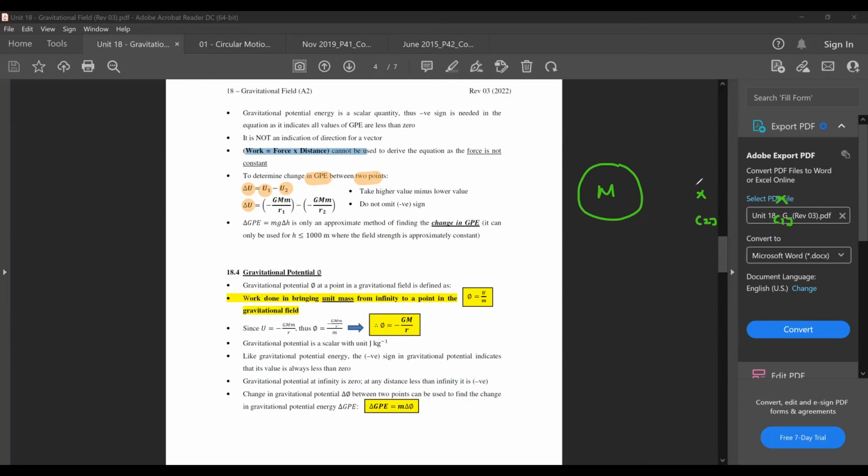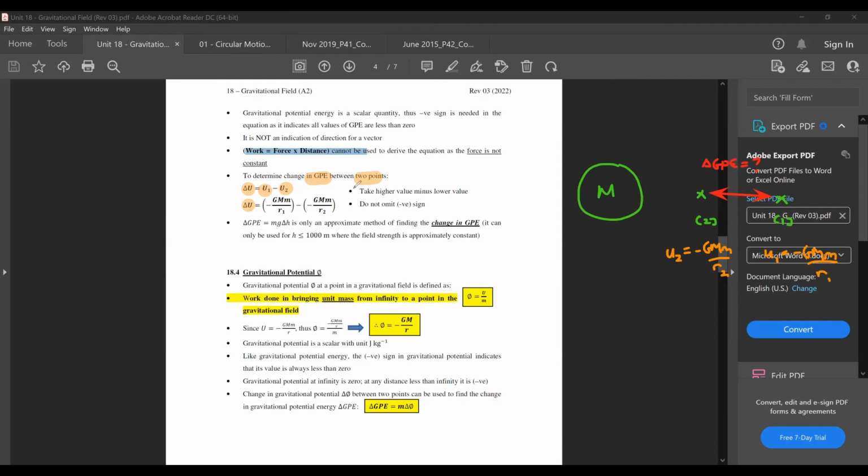I'm interested in the change in GPE between these two points. At point 2, the GPE value is negative GMm over r2. At point 1, the GPE is negative GMm over r1.